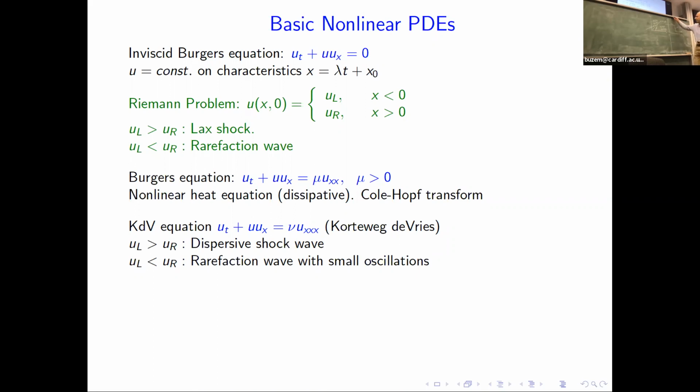On the other hand, if ul is less than ur, so here's ur, here's ul, then you have a rarefaction wave instead of a shock.